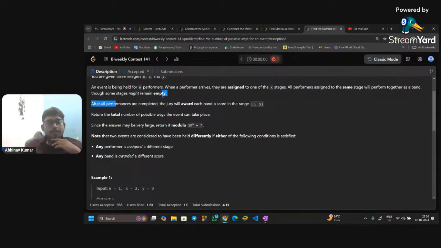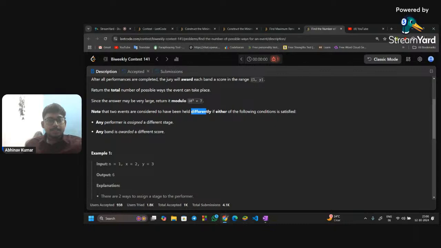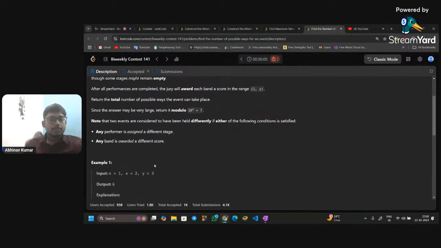After all performances are completed, the jury will award each band a score of 1 to y. Return the total number of possible ways the event can take place, and return the answer modulo 10 to the power 9 plus 7. Two events are considered different if any performer is assigned a different stage or if any band is awarded a different score. Okay, so I'll explain what the problem is stating.